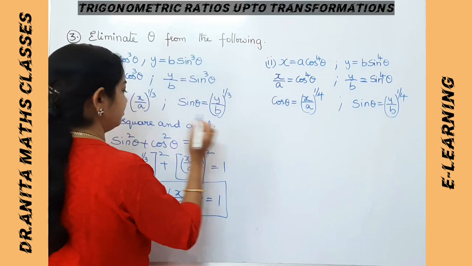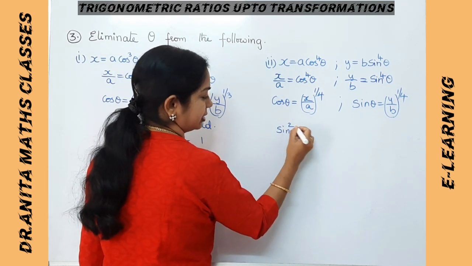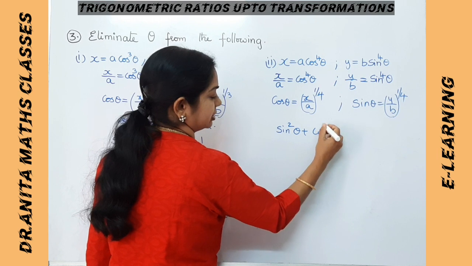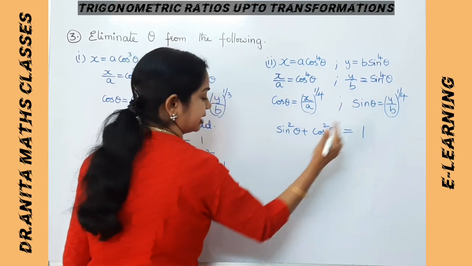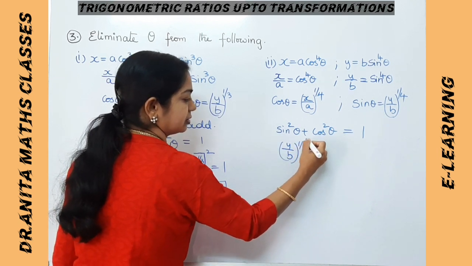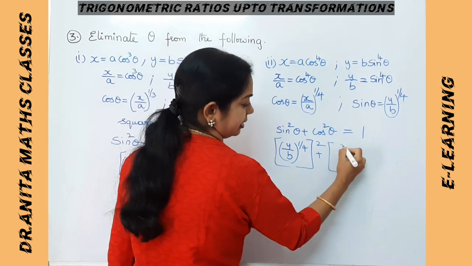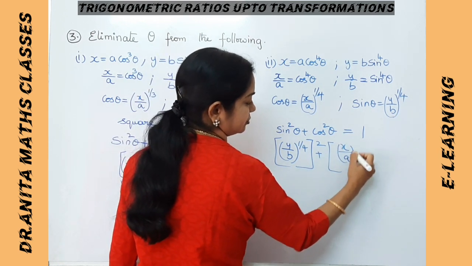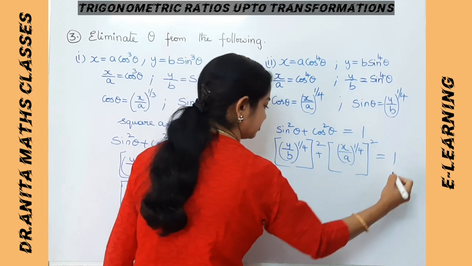Now the same thing, squaring and adding we will do. Sin square theta plus cos square theta, so that is 1. So on the left-hand side, sin theta is y by b raised to 1/4, squaring, plus x by a raised to the power of 1 by 4, which we will square. So this is equal to 1.